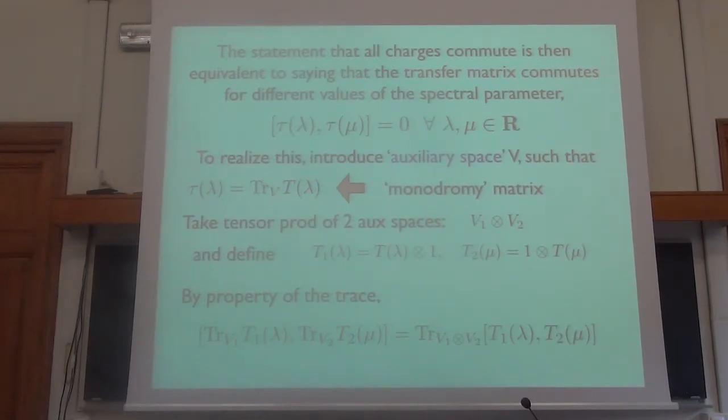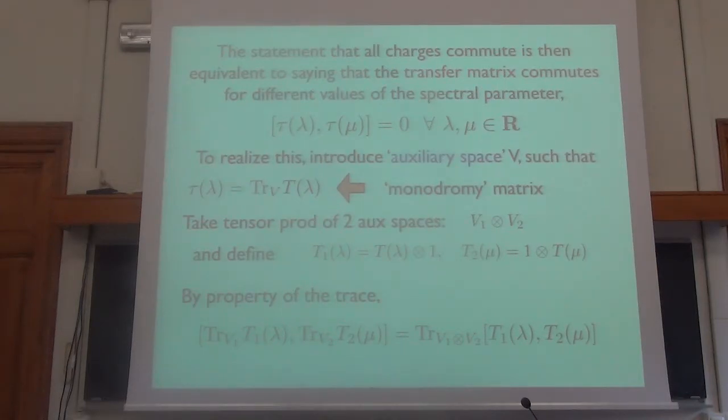Then this equation is equivalent to the statement that the trace of this commutator vanishes in this space. So if you trace out these two auxiliary spaces, this thing should commute. So you want this trace to be 0. Essentially, you have the commutator T1, T2, so trace T1, T2 has to be equal to trace T2, T1.